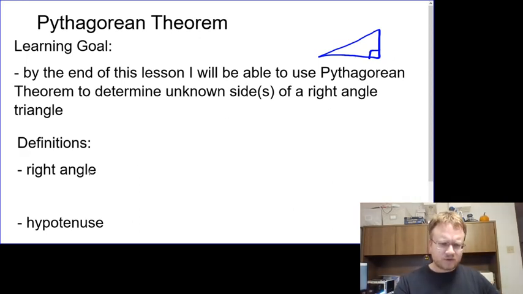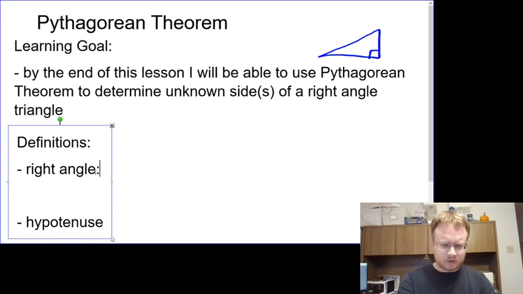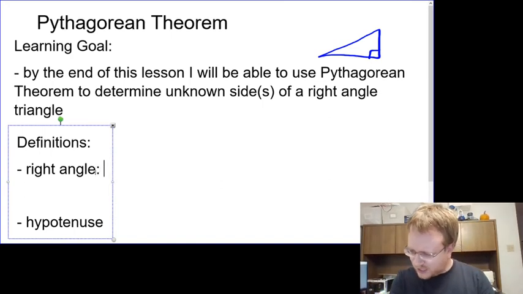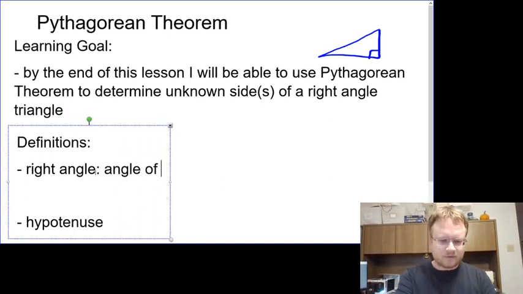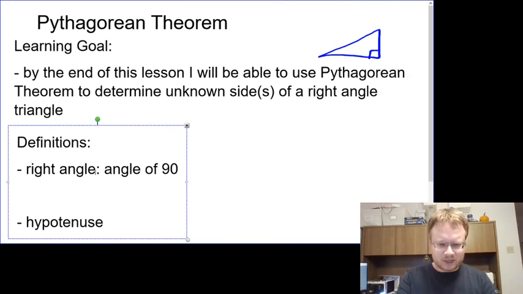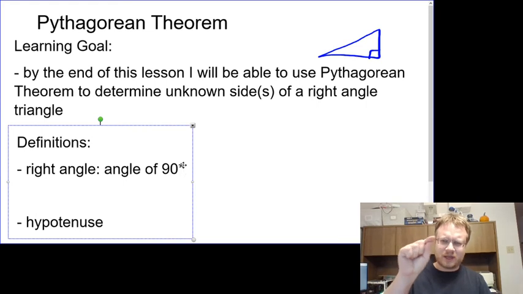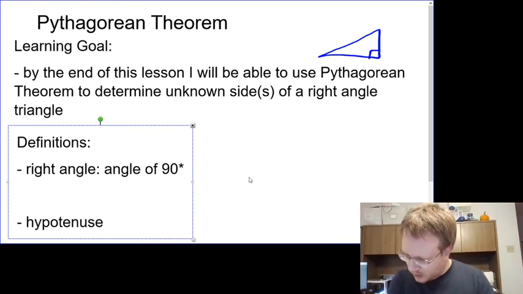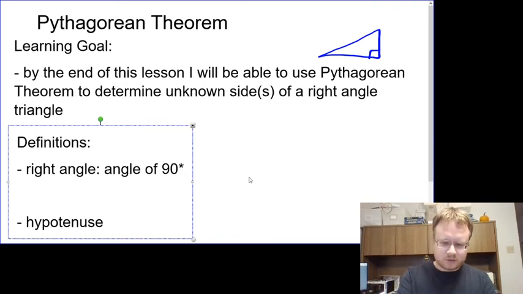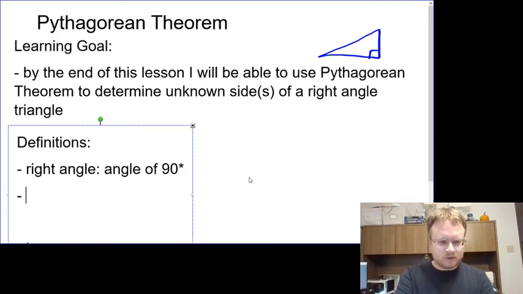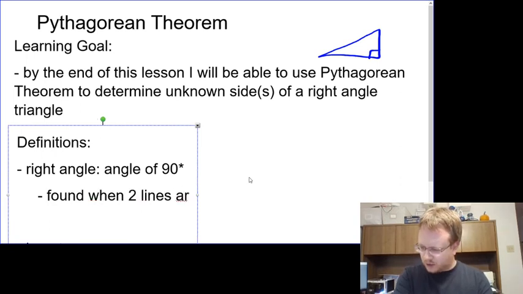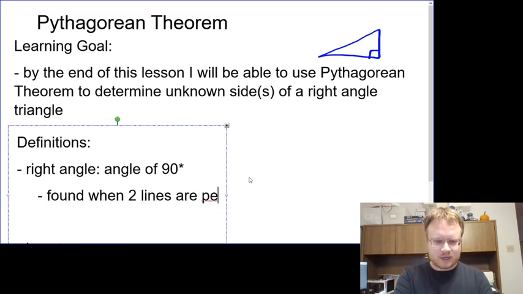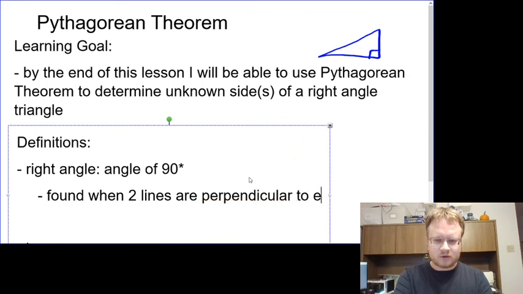First thing we want to do is define what is a right angle. So let's do that now. A right angle is an angle of 90 degrees. I can't really type that properly, so I'll use the star. Usually we use a tiny little o to indicate 90 degrees. And it is found when two lines are perpendicular to each other.